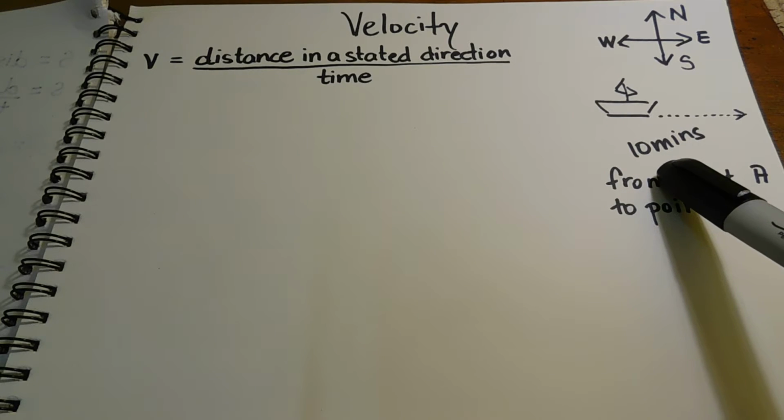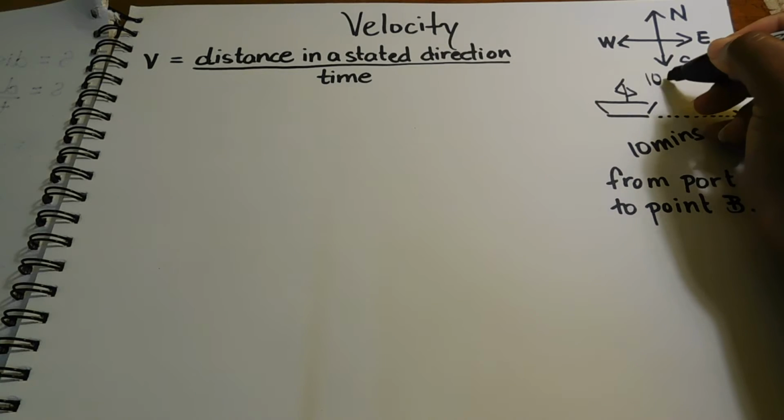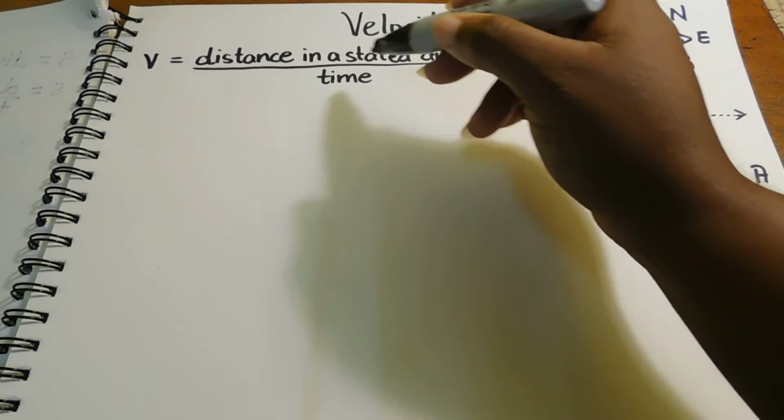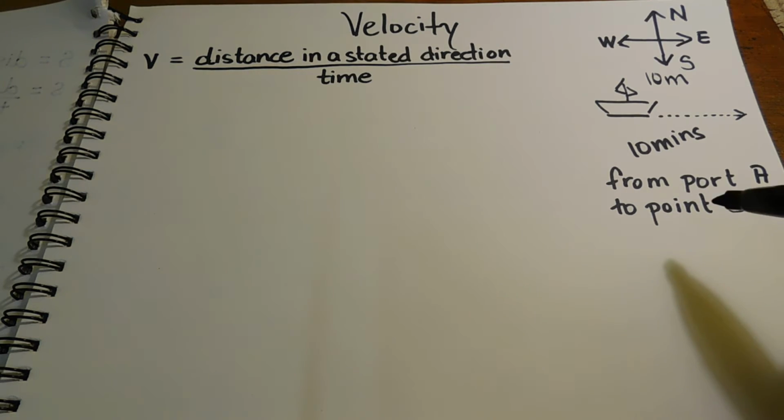Now, if I had a distance, I can say they traveled 10 meters in 10 minutes. Anytime we're dealing with velocity, the distance is always in meters and the time is in seconds.